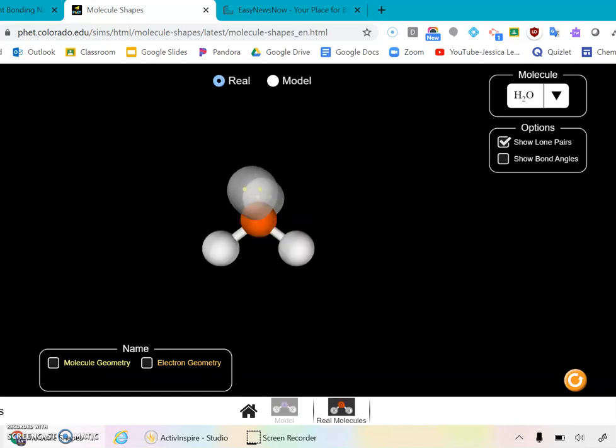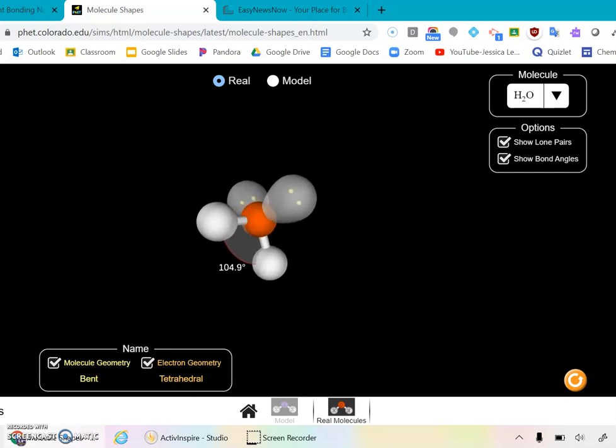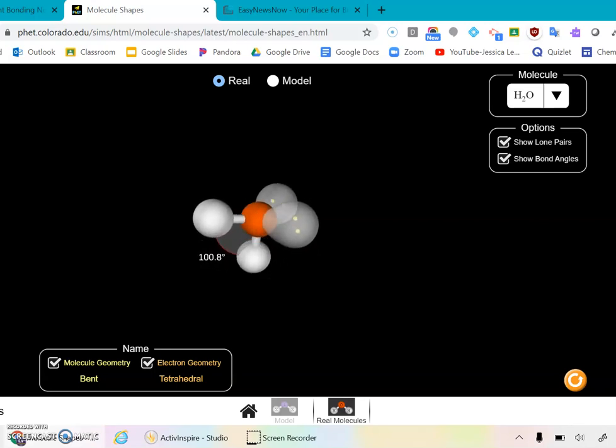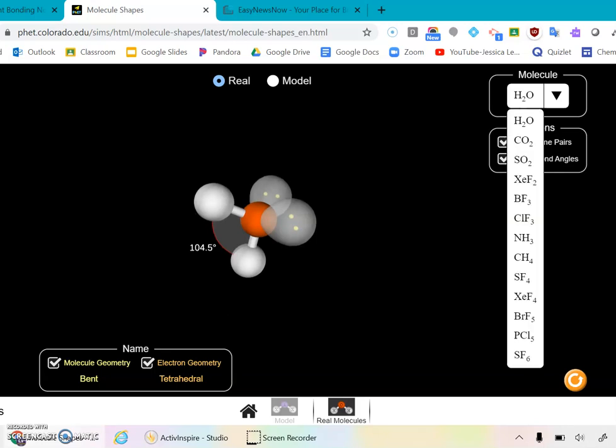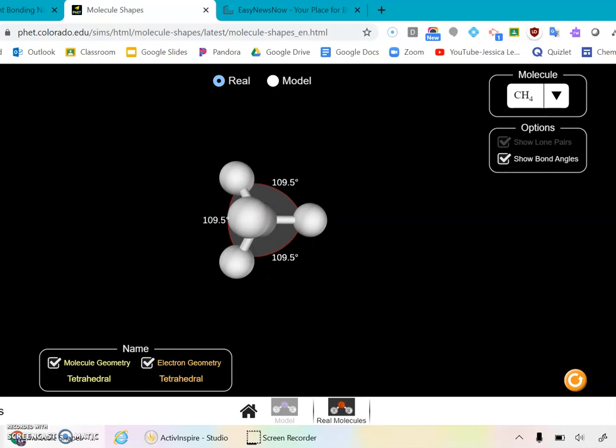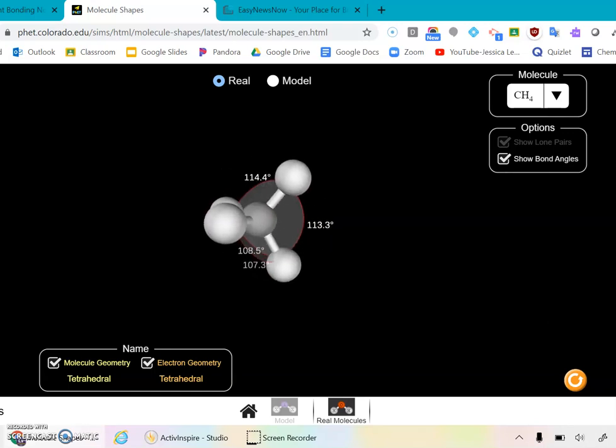The real molecules that you want to look at would be like that of water. You can see your molecular and electronic geometry showing that even though I have these lone pairs here, these lone pairs push this bond angle to exactly 104.5. If we look at methane where there aren't lone pairs, you'll see that they are 109.5.